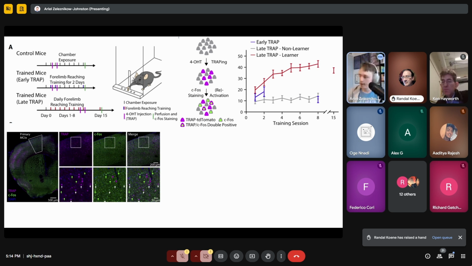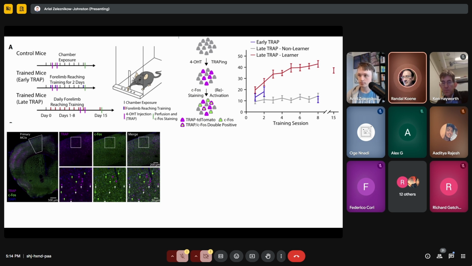Randall? Yeah, so this is kind of an encore to what Oge was asking, which you then explained. The follow-up question someone might have is, if so many of the mice couldn't learn the task, why are they using such a difficult task? My assumption would be that we want to make sure this is a new thing they really have to learn, so they have to express a new motor learning. It's not one of their regular reaching behaviors or something like that, right? I actually don't know, and that's a great question.